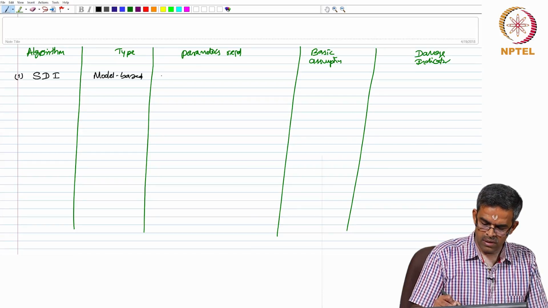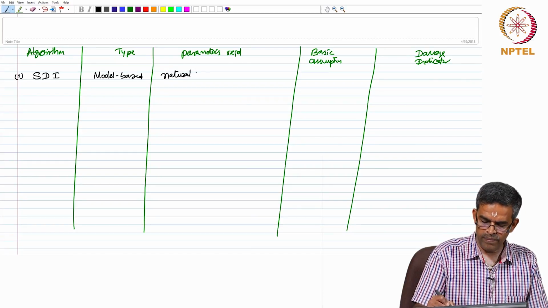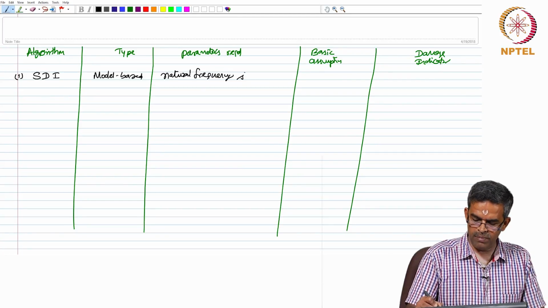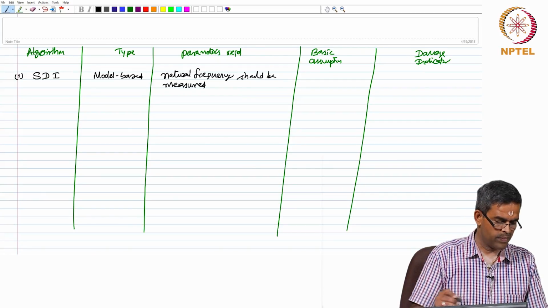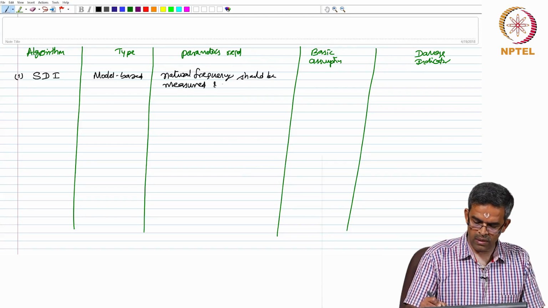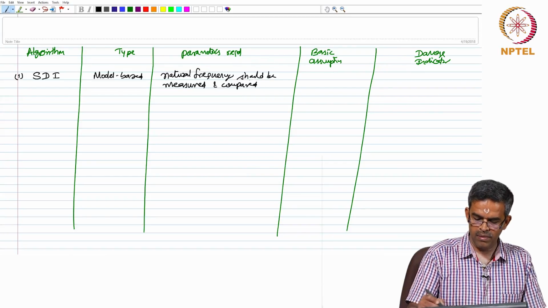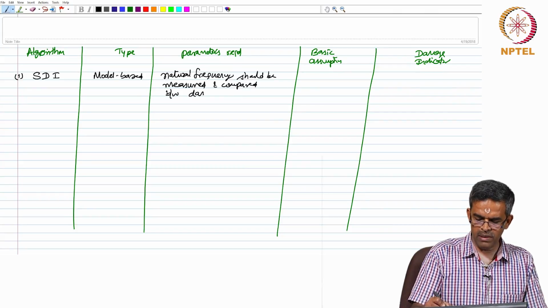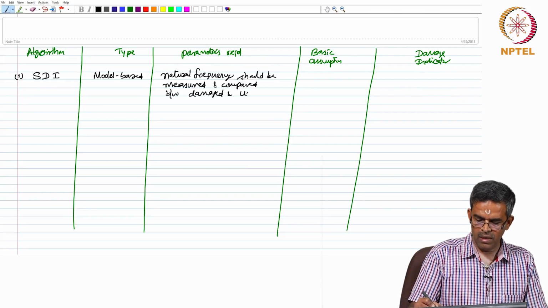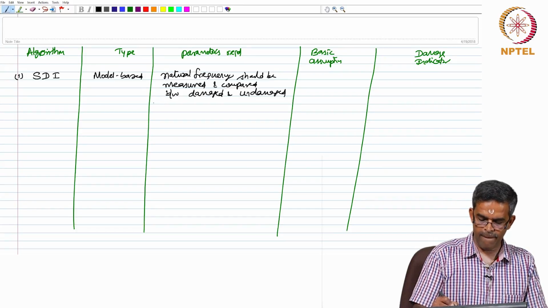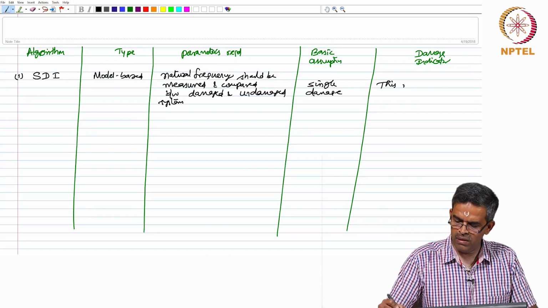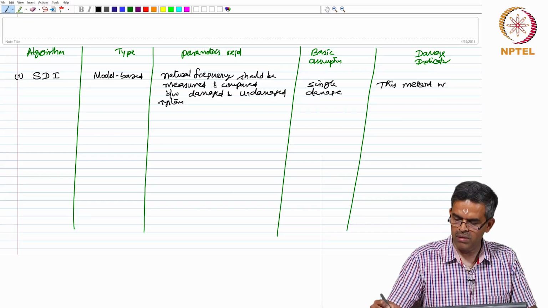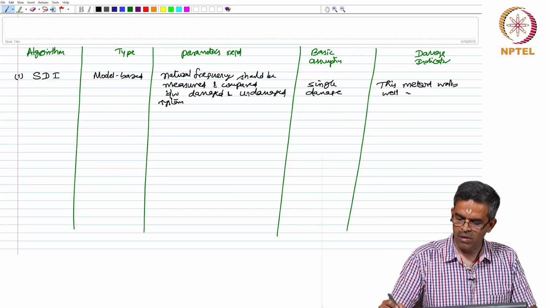In this case, natural frequency should be measured and compared between a damaged and undamaged system. And here this method works well at the element level.